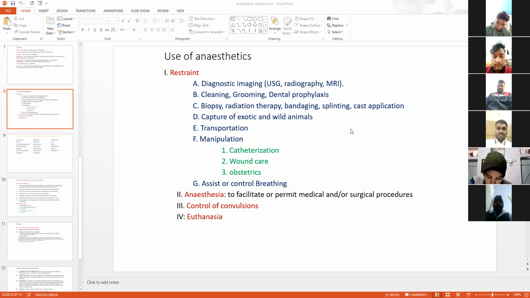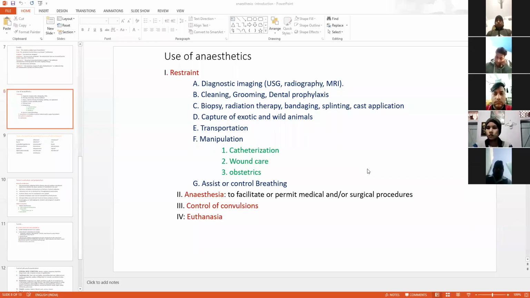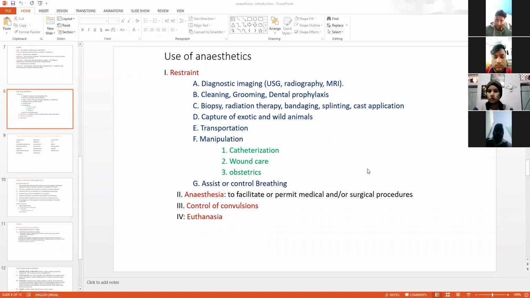Next one is control of convulsion, epileptic seizure. If an animal is having convulsions, then the drug of choice is phenobarbital, Gardinal, which is most commonly used in human beings.